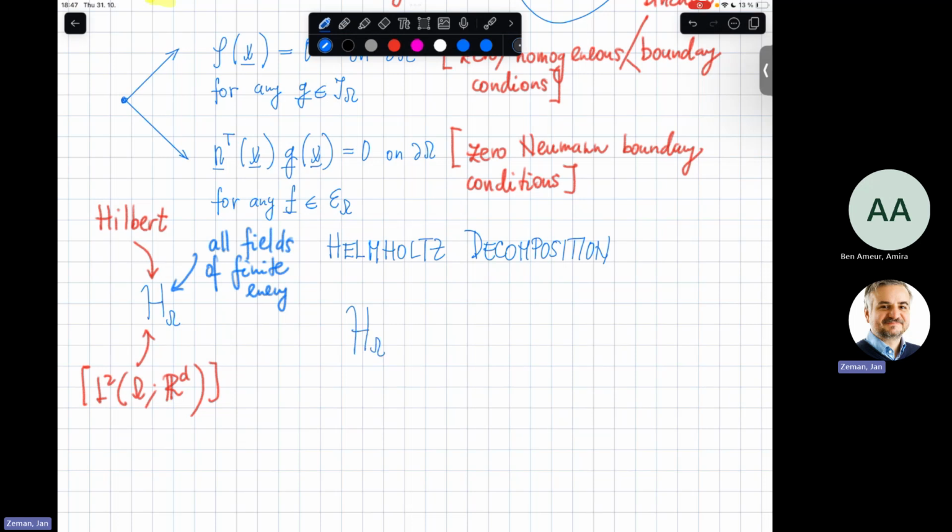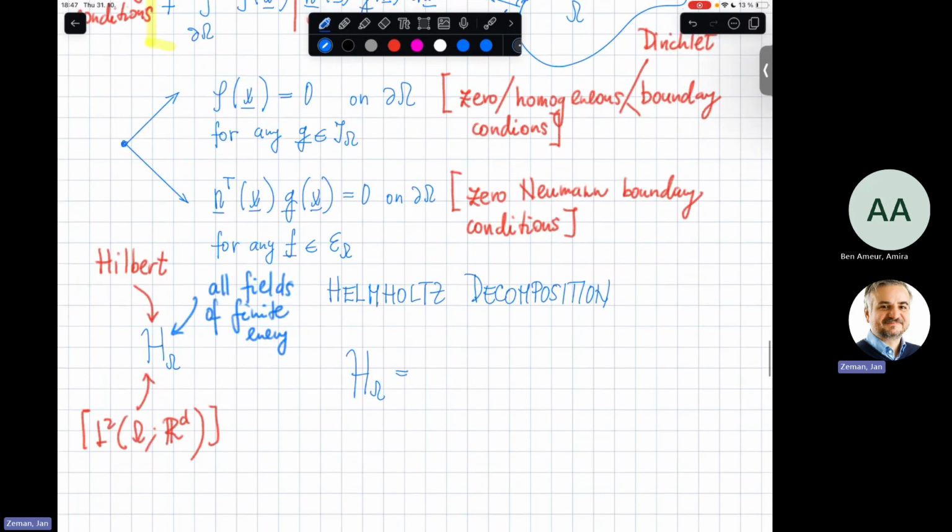And what this Helmholtz decomposition claims is precisely what I tried to explain by the previous argument, which means that if I take all fields which are in this calligraphic E, so which are curl-free, defined on finite dimensional domain omega, and I will assume that they satisfy the zero Dirichlet boundary conditions, or homogeneous Dirichlet boundary conditions.